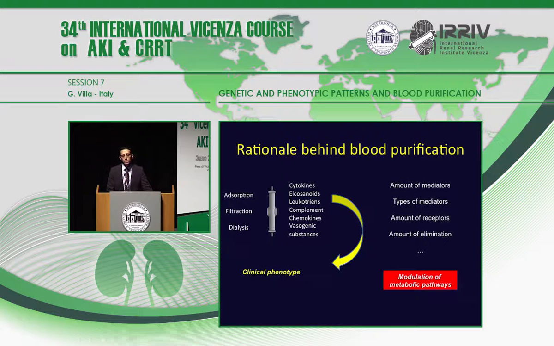However, we know that different patients might have different responses to these treatments, and the capability to respond to these blood purification therapies may be related to the amount of mediators which the host is able to produce, the kind of response to the receptor, or the amount of elimination produced by our purification therapies.